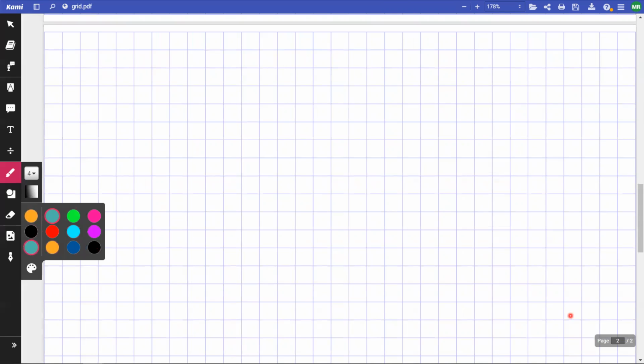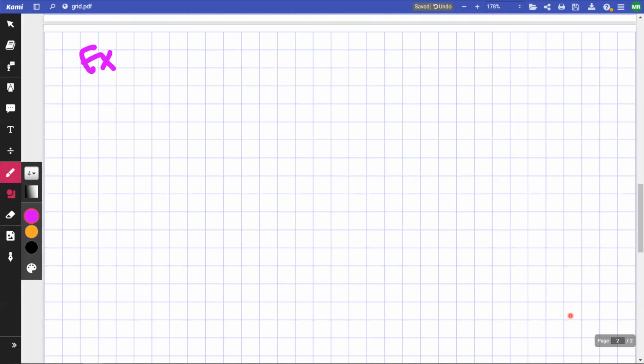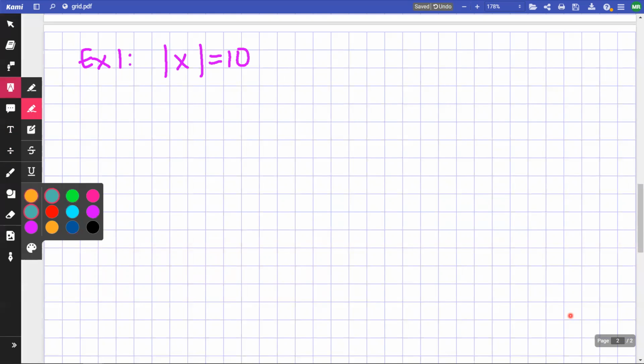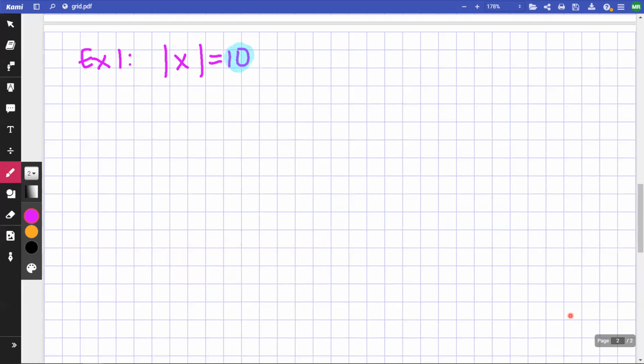So example 1. Make this a little smaller. If we have the absolute value of x is equal to 10, then first thing we're going to do is always check to make sure our absolute value is isolated, which it is. Then we're going to look at this number on the other side, and we're going to see if it's positive or negative.